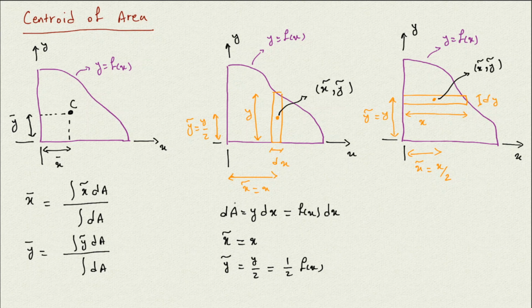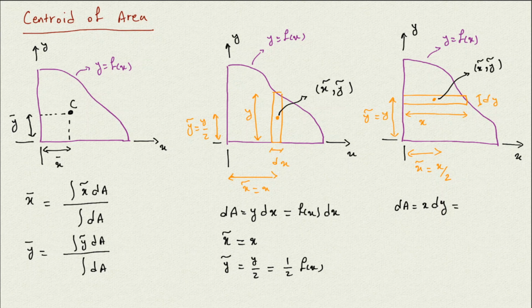Here also I have to find dA and the location of the centroid for this horizontal element. This time dA is going to be x dy, and because I have dy, I have to write everything as a function of y.